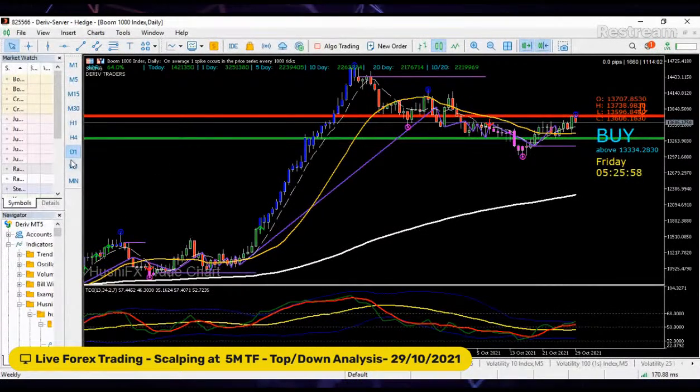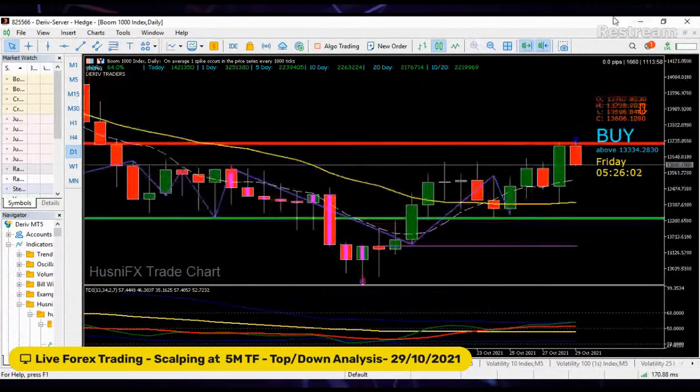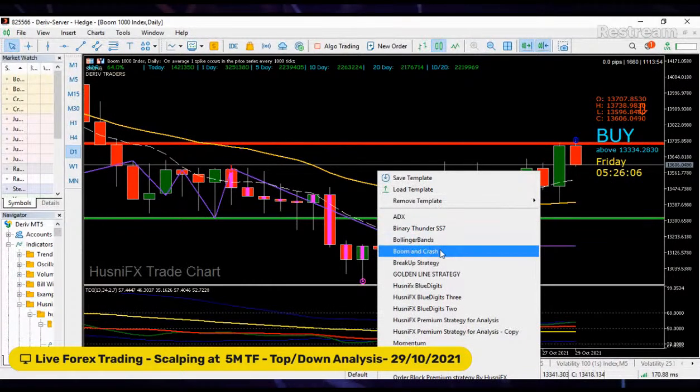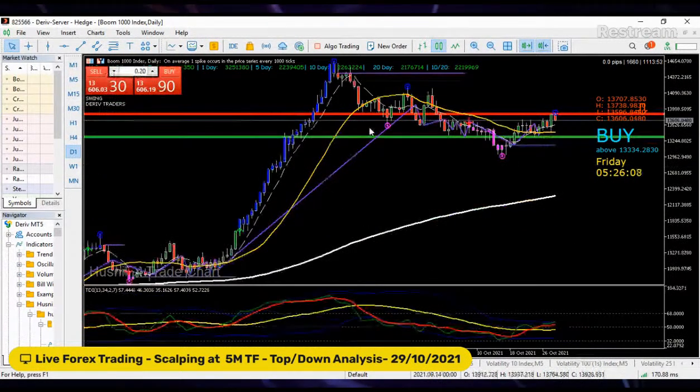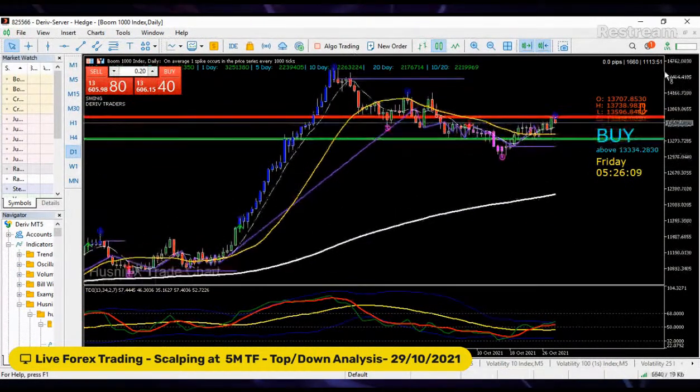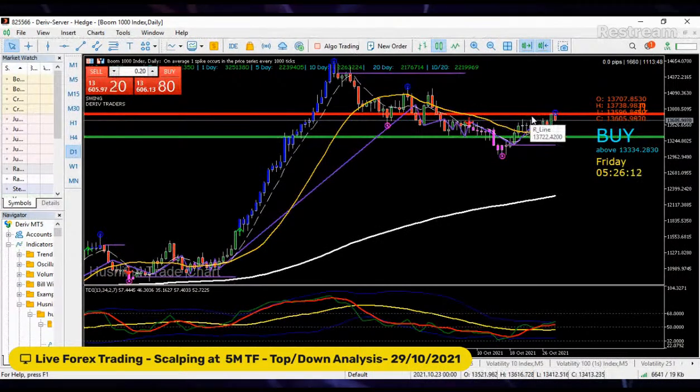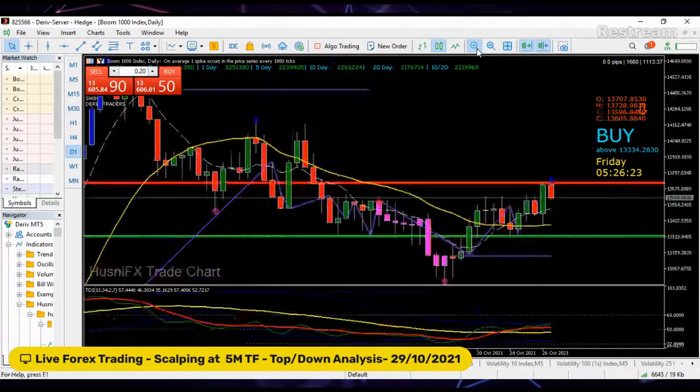So we are starting at the day as we are scalping this market. Let us have our setup, the breakout strategy. This is the setup. You can see we have the green line and also the red line, which means that this is a support and this is also a resistance area.